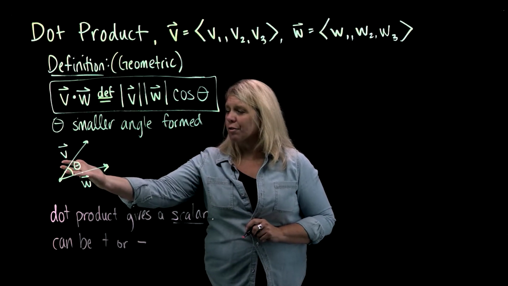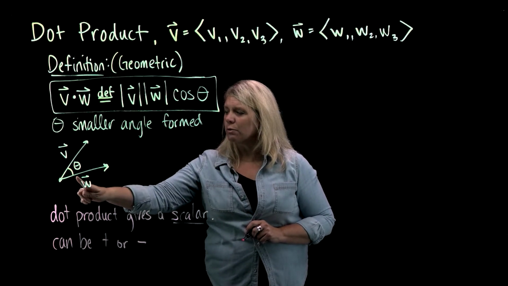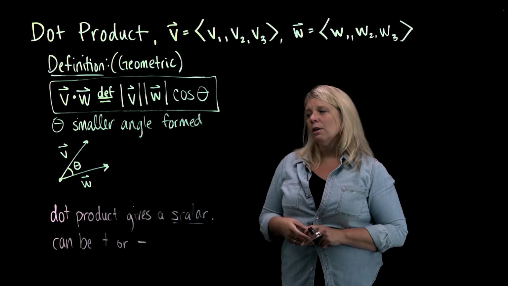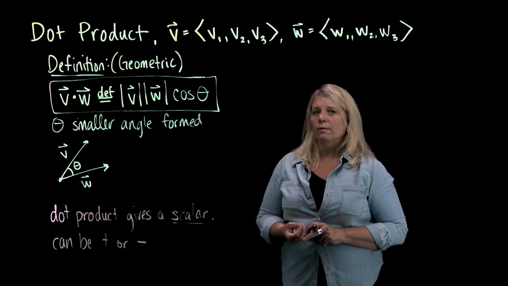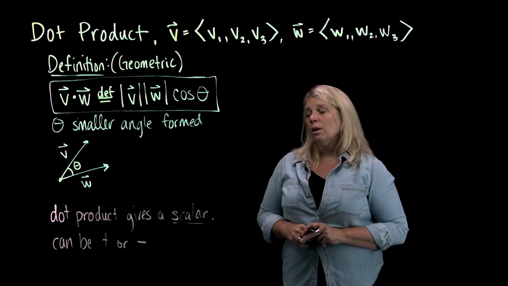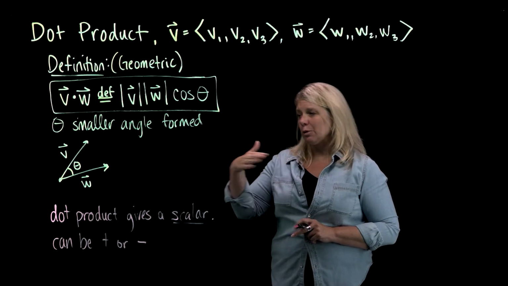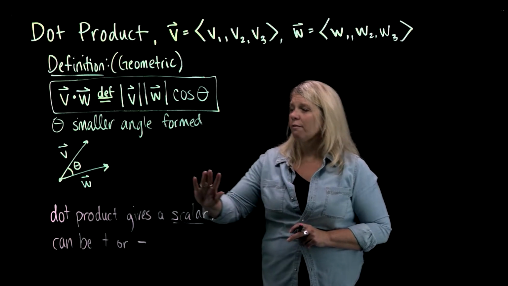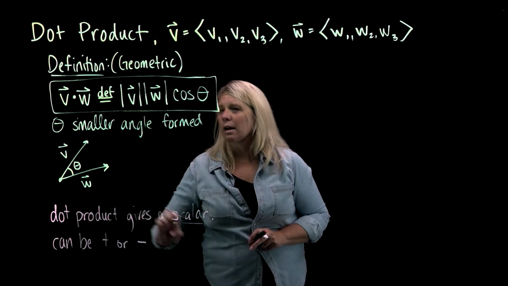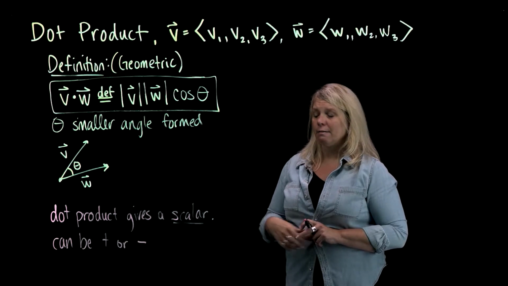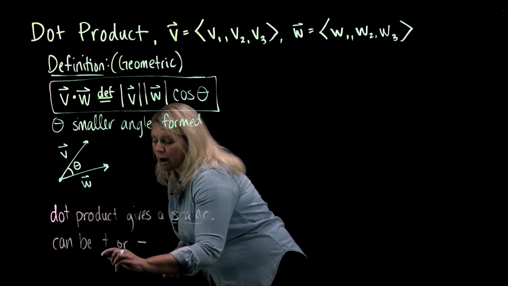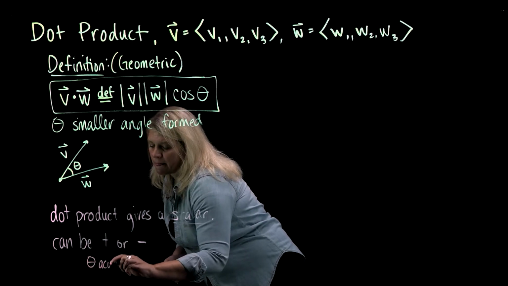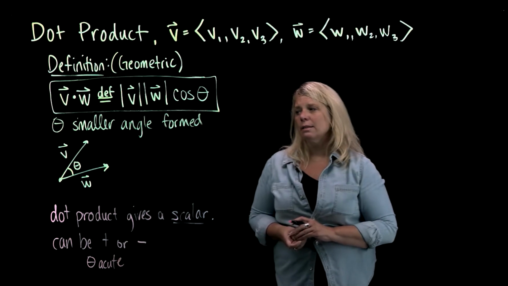For this picture that I drew here, that angle between those two vectors is an acute angle, less than 90 degrees. So the cosine of that angle, if you think about your trig values, cosine of an angle that is between 0 and 90 degrees is going to be positive numbers. So for this picture here, the dot product of these two vectors would be positive. When you have a positive dot product, that would be when your angle is acute or less than 90 degrees.